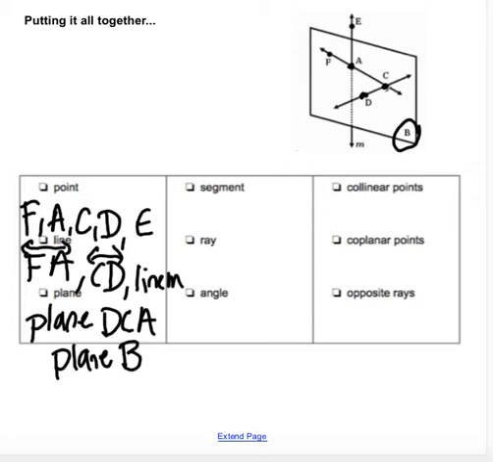Segments. I got tons of segments. My lines I can chop in half, all that. We'll do one per line. So if I look at my line CD, I can say I have segment CD. Remember the segment symbol. If I look at my line FA, I have tons of segments there. Let's go with FC.